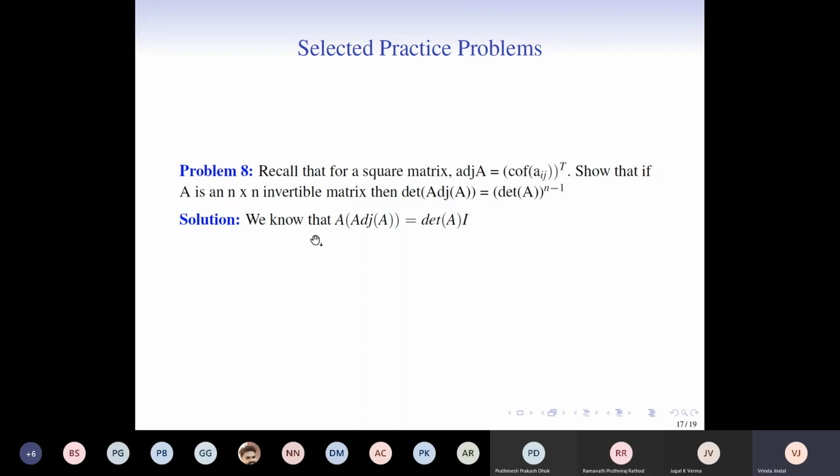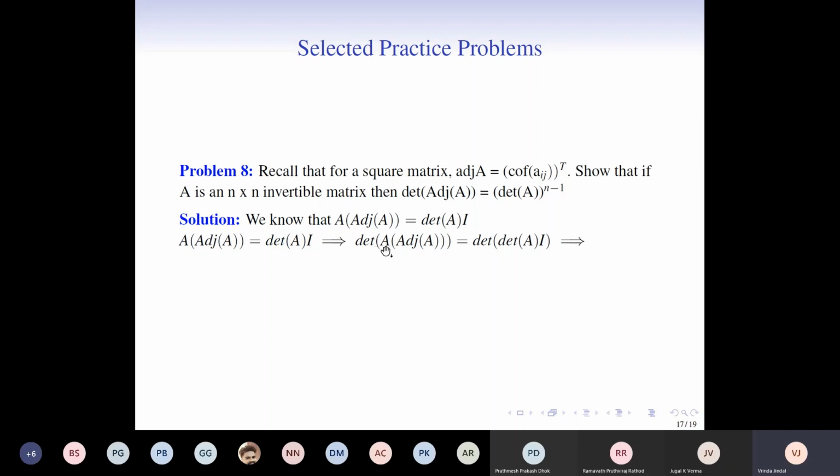So we have proved that A into adjoint A equals determinant of A times the identity matrix. So take determinant on both sides, because the determinant is a function, for the same input it will give the same value.